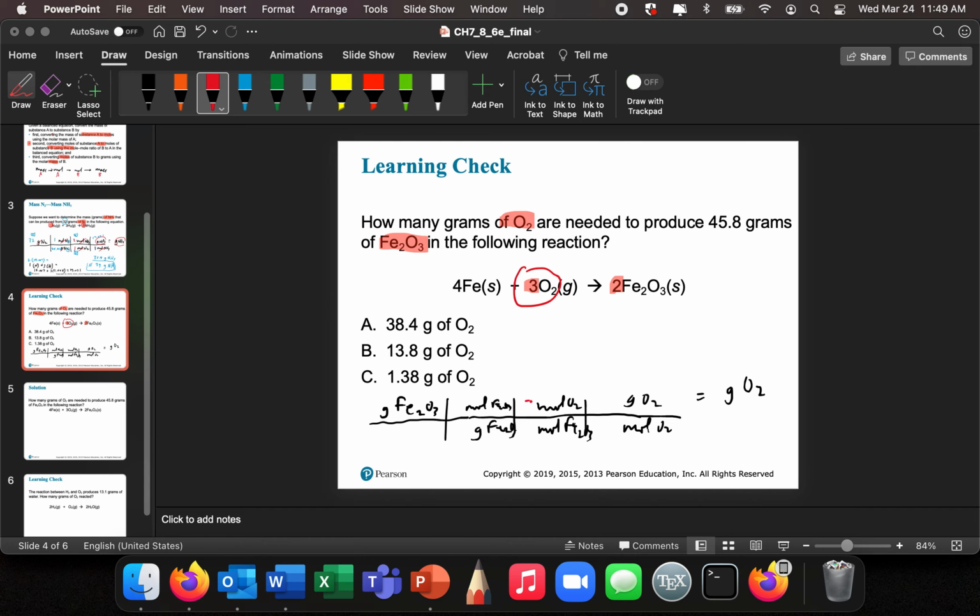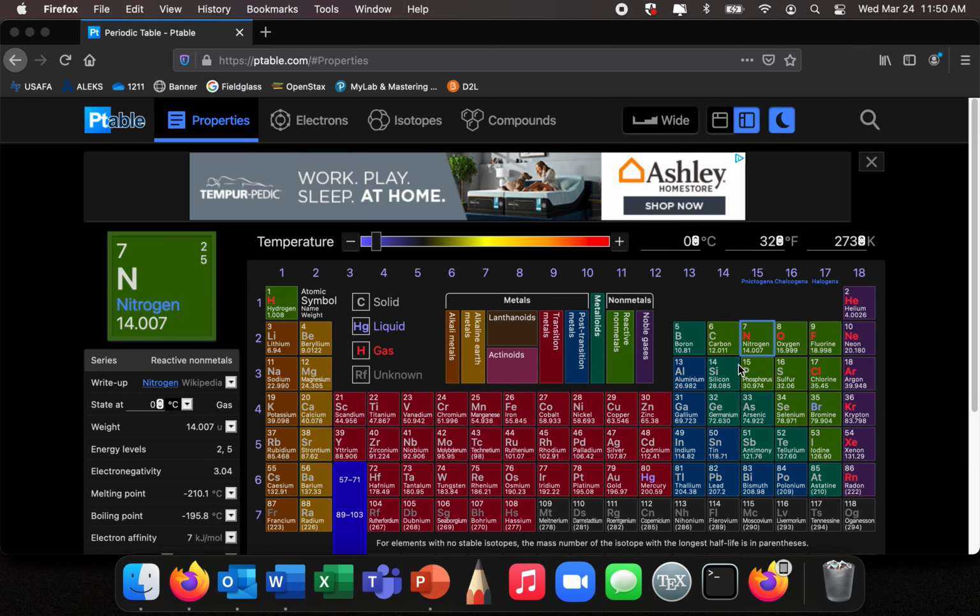So I know my molar ratios. There's my 3 moles. Those are going to cross off. Here's my 2 moles of that, right? And so I've got to come up, and these are going to cross off. I'm going to have to come up with my formula weight, my 45.8. That's what I was given, 45.8. And what's my grams per mole of Fe2O3? I'm going to do it up here. 2 times Fe plus 3 times O. I just did this one, so I remember oxygen is 15.999.